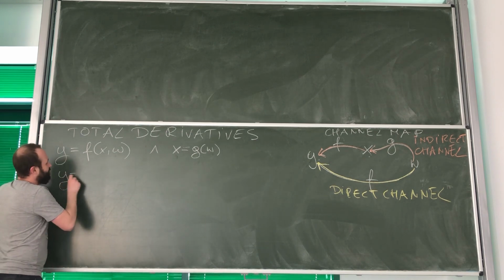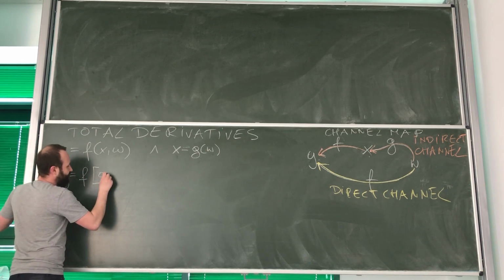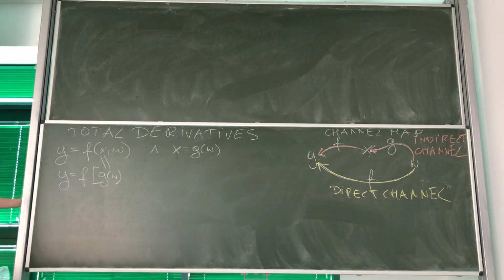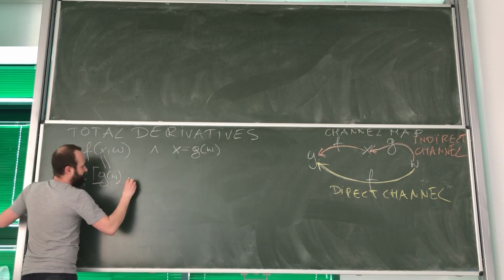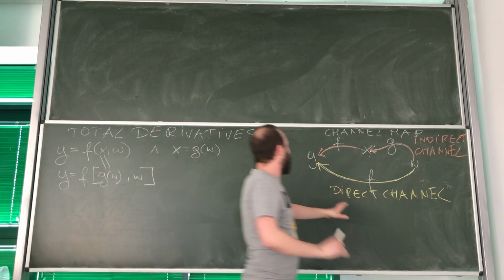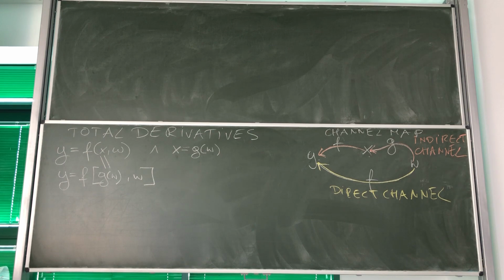Let's call it, well, it's still going to be f, but we can write it as f of g of w and w. Right? And look, knowing this, we can easily assess this impact as long as we remember all the necessary steps we need to take.